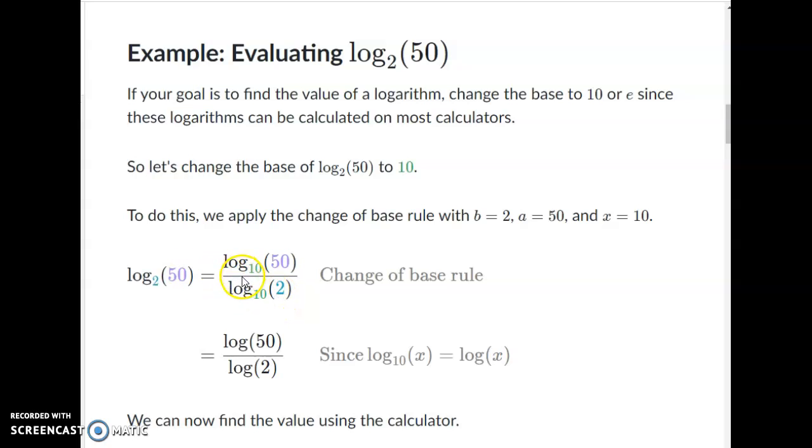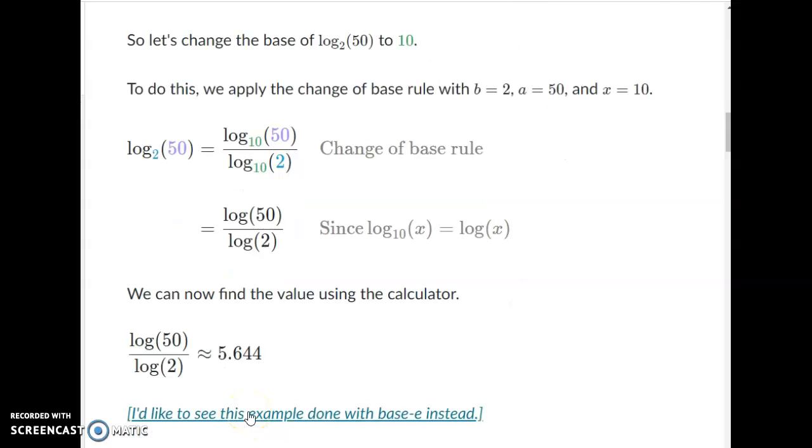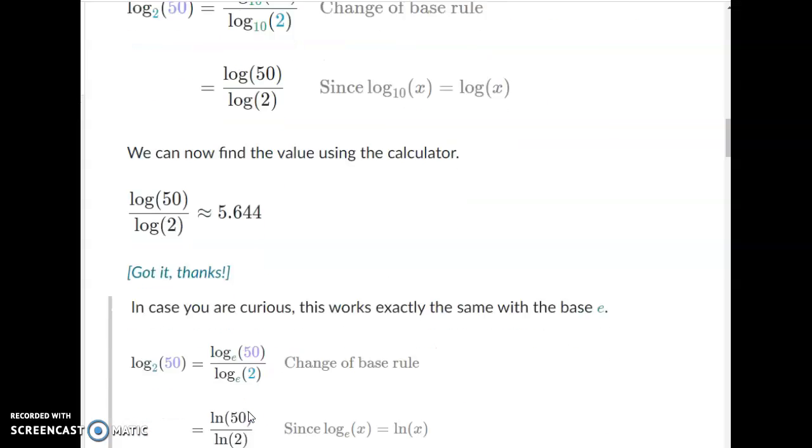Log base 10 is the common log. You don't have to write the base of 10. And you can now type it into your calculator. You can type the log of 50 divided by the common log of 2, and it is approximately equal to 5.644. So 5 and 644 thousandths. You can also use the natural logarithm if you prefer.